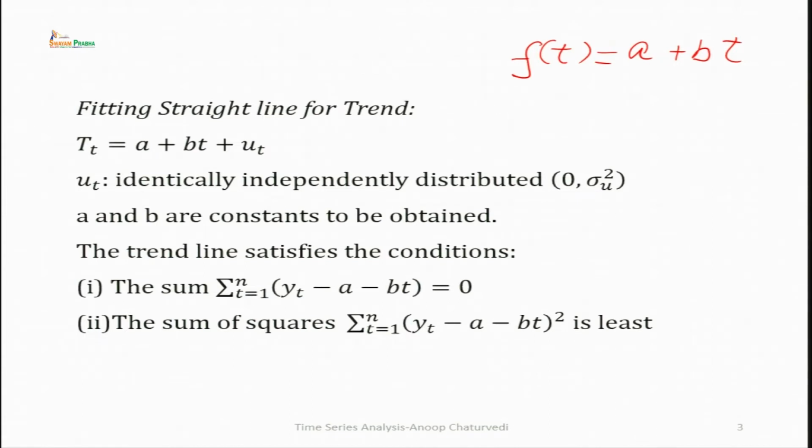We assume that these u t's are identically independently distributed, and these u t's have say mean 0 and variance sigma square u. a and b are just like the regression coefficients. These are actually unknown parameters, unknown constants. These two are unknown.